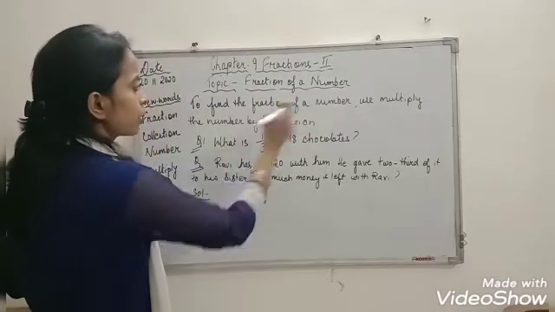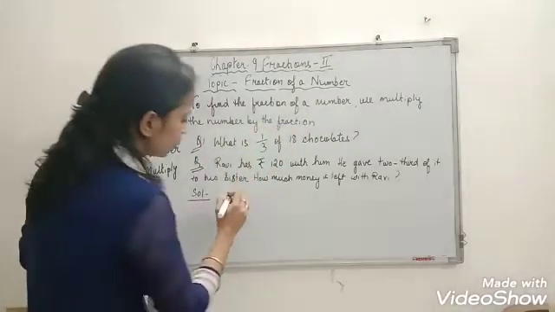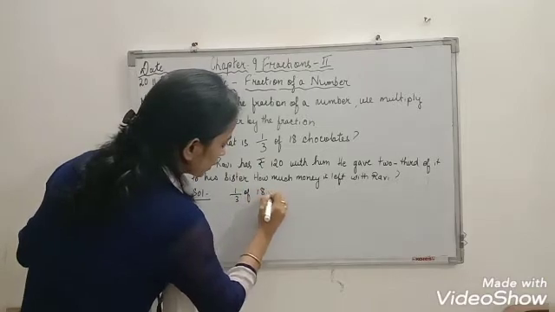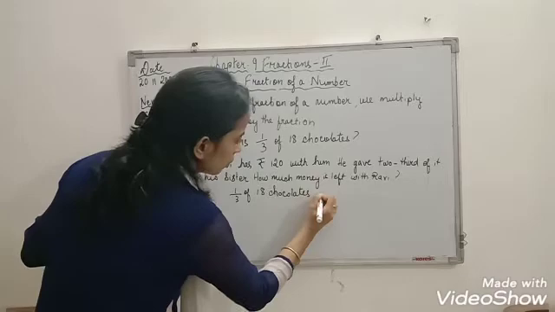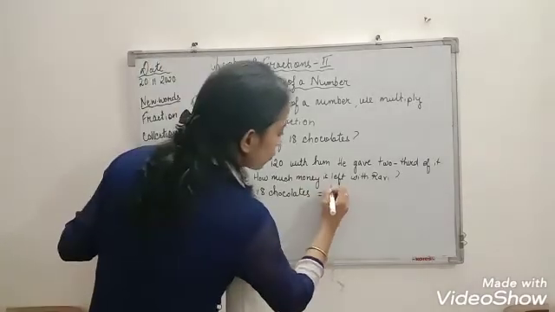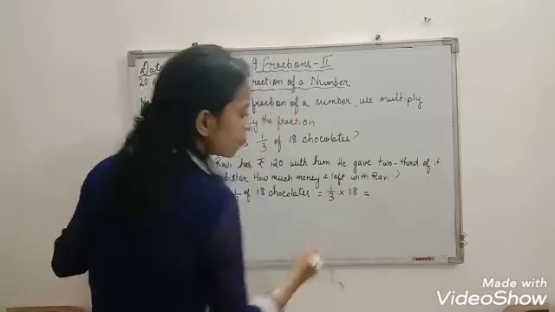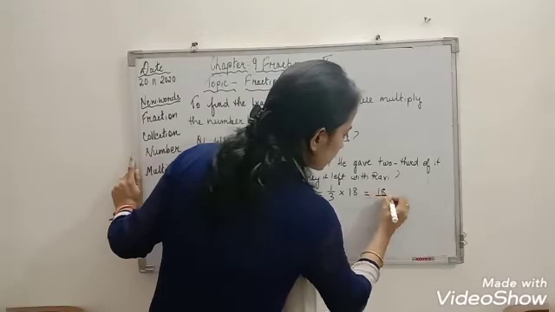Yes, same. To find a fraction of a number, we multiply the number by the fraction. So 1/3 of 18 chocolates equals 1 by 3 into 18. So multiply the numerator and the number 18, divided by 3.